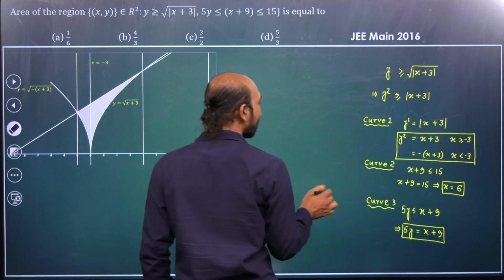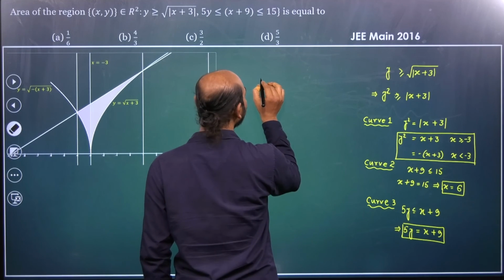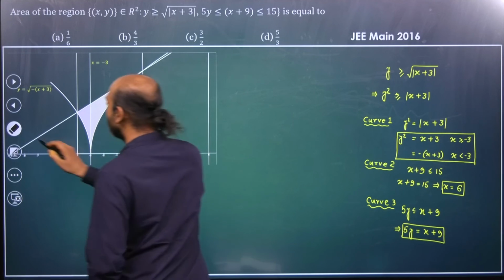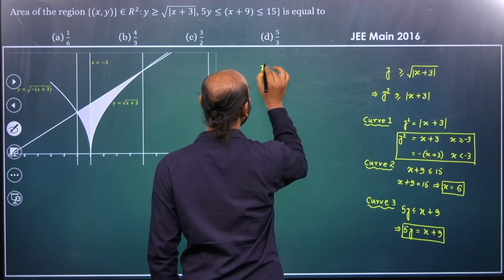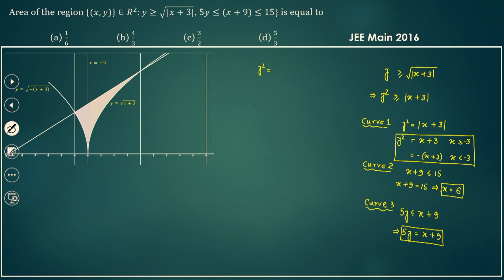To find that intersection point, first we consider y squared equal to x plus 3, positive. And that line we'll consider as 5y is equal to x plus 9.